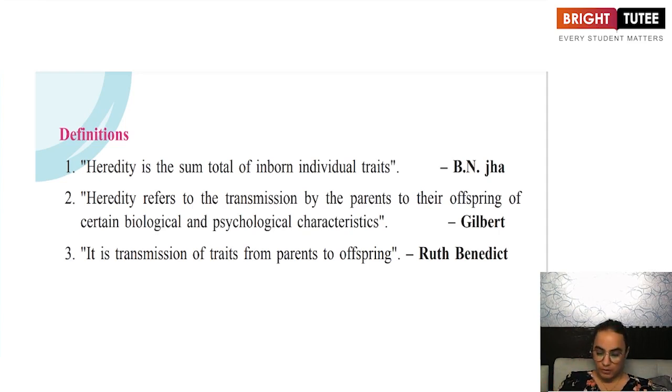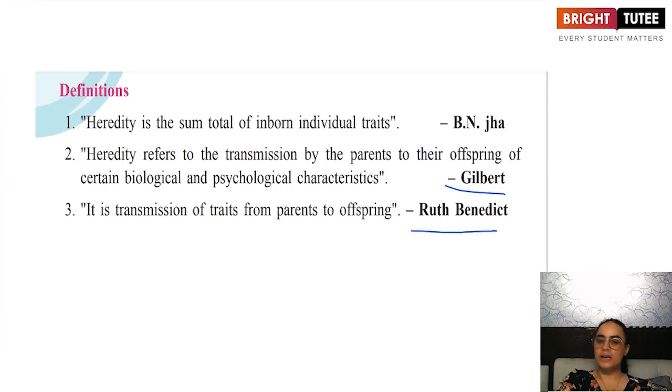Heredity, according to Gilbert, refers to something that is transmitted, that is forwarded by the parents to their kids through the biological and the physiological processes. According to Ruth Benedict, heredity means the transmission of the traits, the qualities of the parents to their children, to their offspring, that is also heredity.